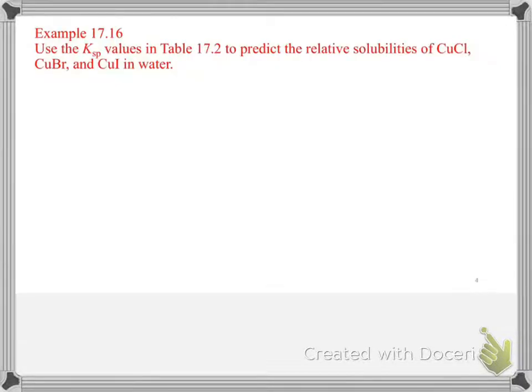Now use the KSP values in table 17.2 to predict the relative solubilities of CuCl, cuprous chloride, cuprous bromide, and cuprous iodide. These values are dependent on temperature, at 25 degrees Celsius.